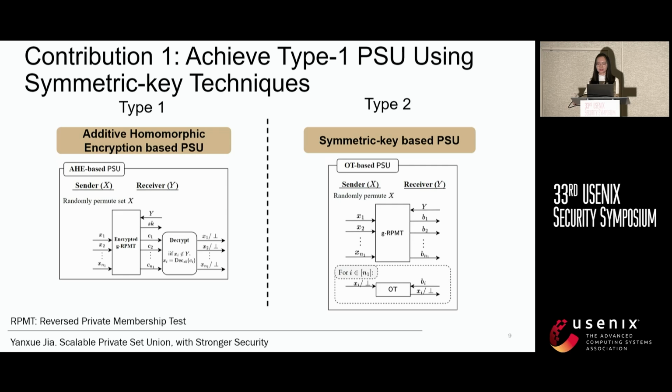In the symmetric key-based PSU, the receiver first needs to interact with the sender through the GRPMT to obtain the bits, then use these bits as the input to the OT to interact with the sender again. However, in the AHE-based PSU, before obtaining this ciphertext, the receiver doesn't need to get any other information. So the AHE-based PSU doesn't suffer from the during-execution leakage.